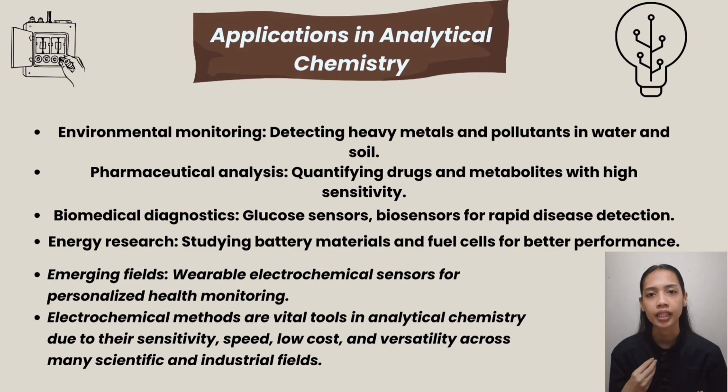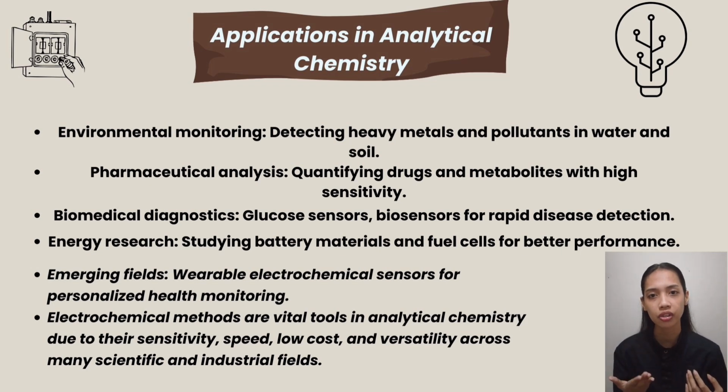Now, electrochemical methods are used in many important areas. First is environmental science. They detect heavy metals and pollutants in water and soil. Next is pharmaceuticals. They help measure drug levels accurately. In medicine, they are behind glucose meters and rapid disease tests.